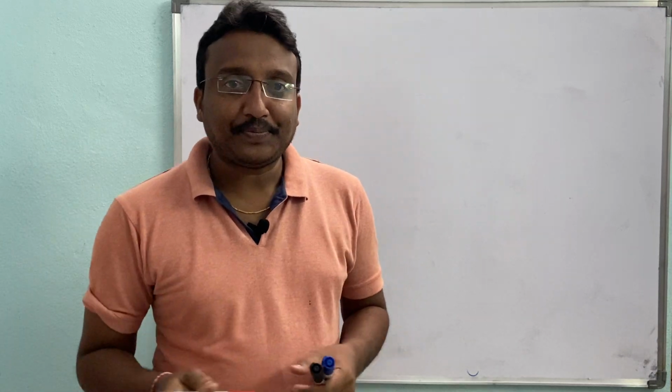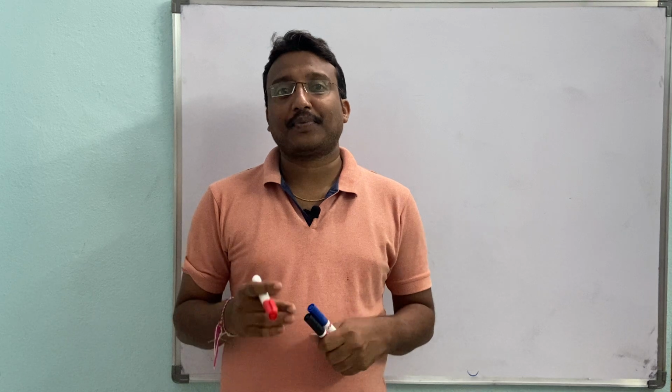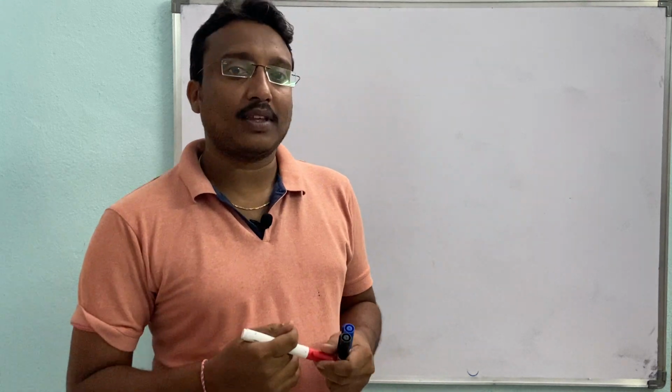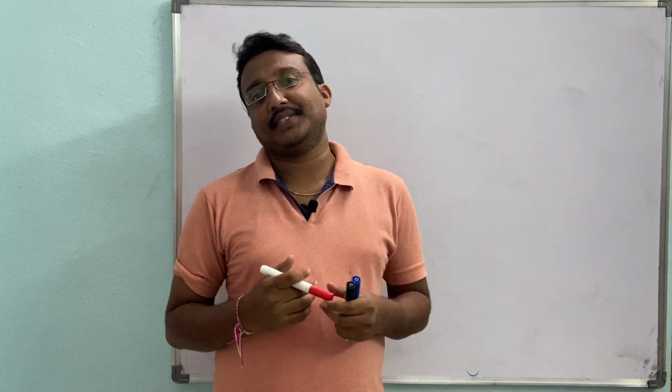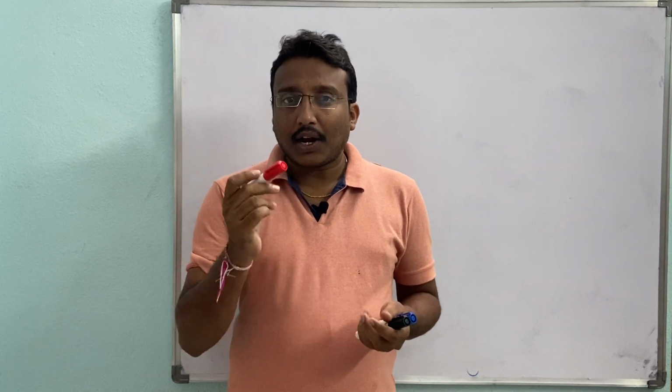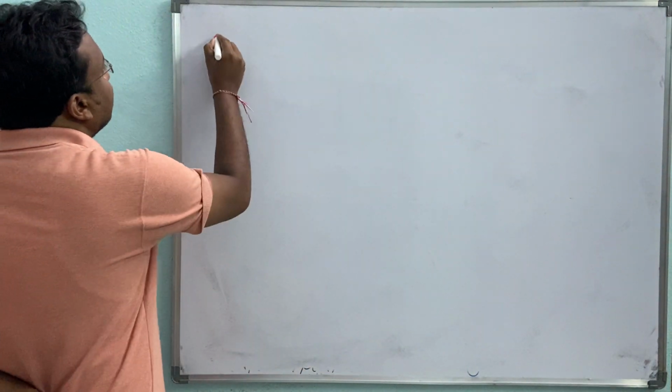Good afternoon everyone. In our last class, we discussed how to draw the ray diagrams with the convex lens and concave lens. Got it? Now we are going to discuss lab activity.